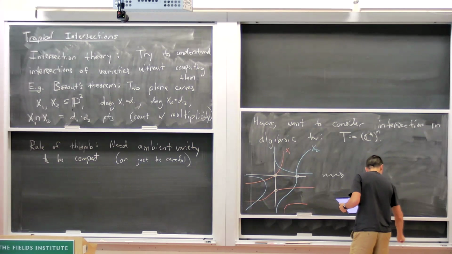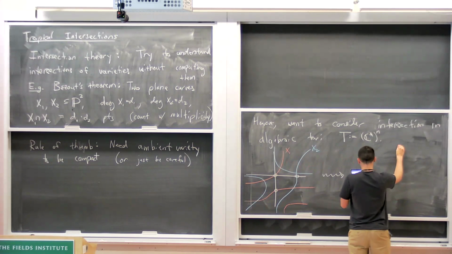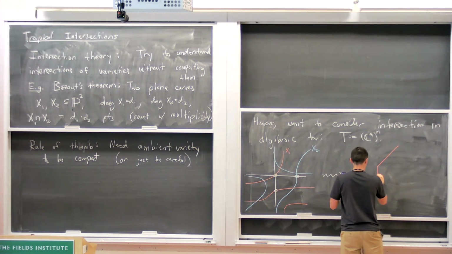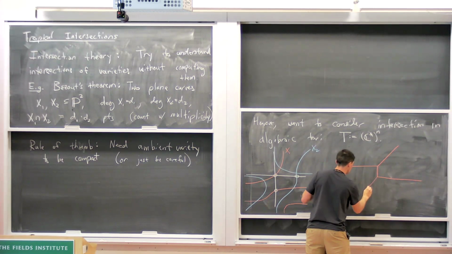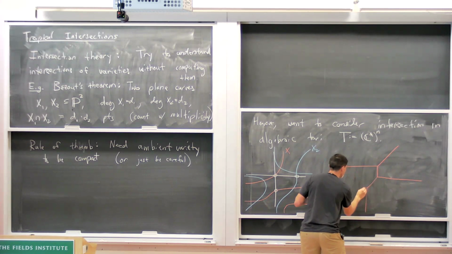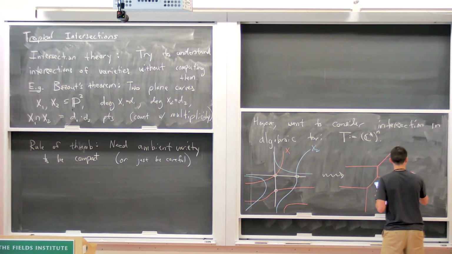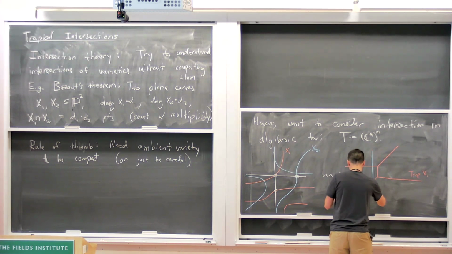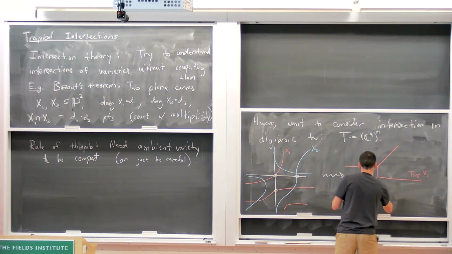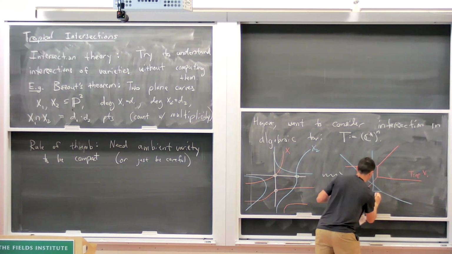So now I'm going to draw something inside of R2, and I will keep them color-coded. Okay, these are balanced polyhedral complexes with rational slopes. So here's my trop X1, and here is my trop X2.